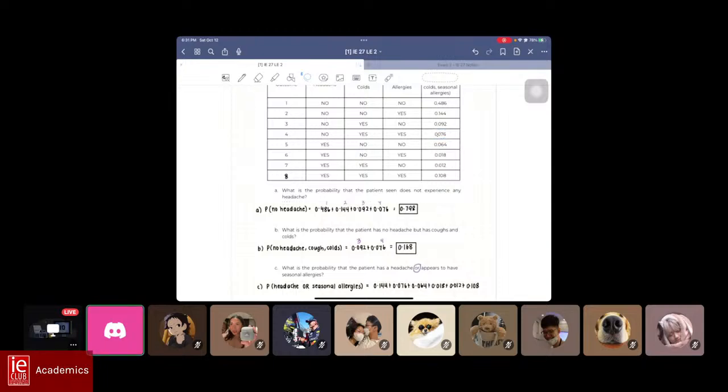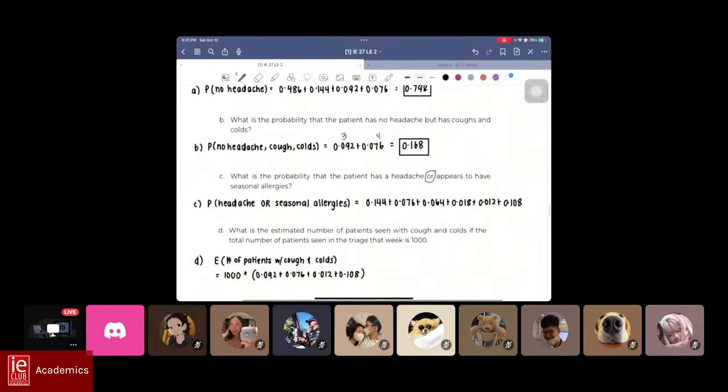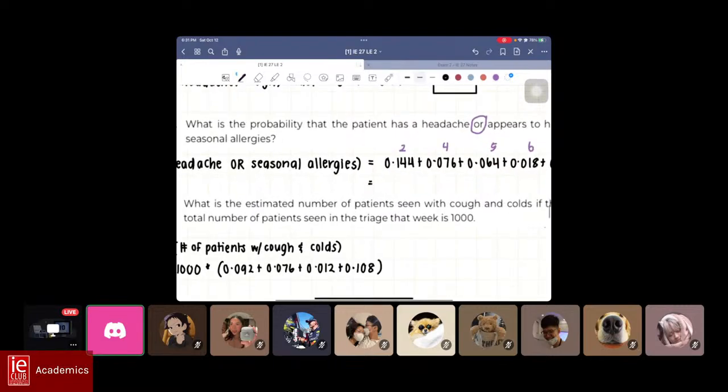It doesn't matter if both of them are satisfied, as long as at least one is satisfied. So either they have a headache or they have seasonal allergies. So it's 2, 4, 5, 6, 7, and 8. So the total probability would be equal to 0.422.